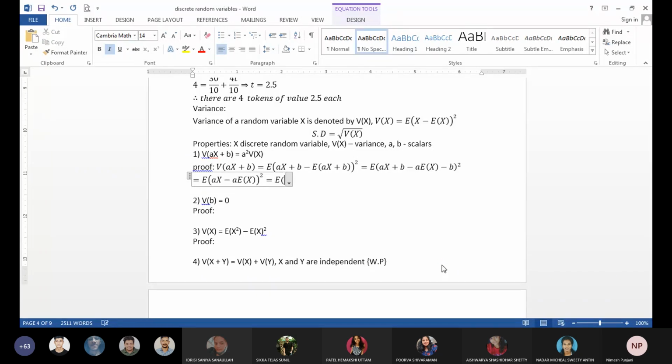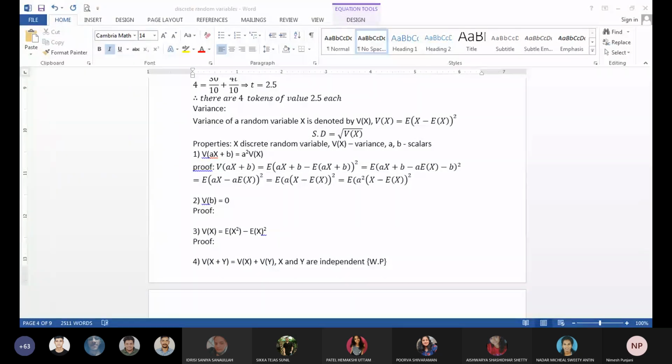Now I can simplify it by taking a common, and write it as expected value of a multiplied with x minus E of x the whole square. Now this can be written as expected value of a square multiplied with x minus E of x, the whole square.